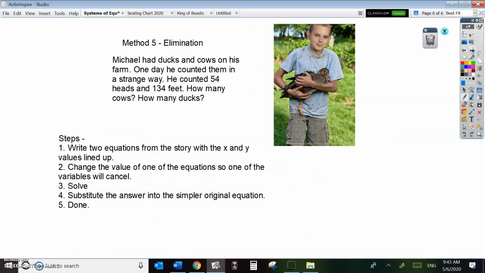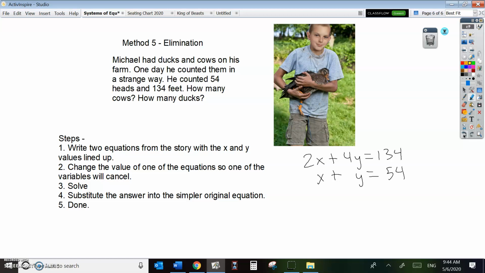Elimination is another way that you can work that problem. So 2x plus 4y equals 134. You need to line up your equations. The second equation was x plus y equals 54. And then you think, what can be done to this equation so that one of your variables will be eliminated?